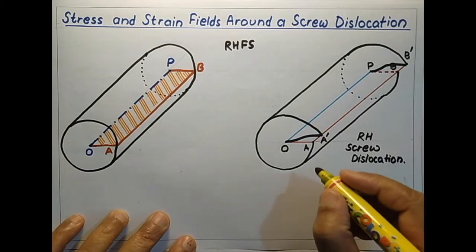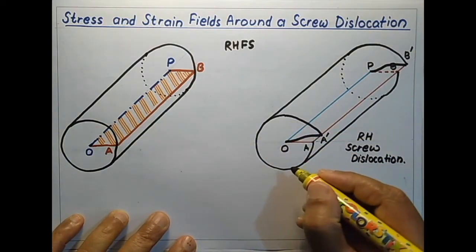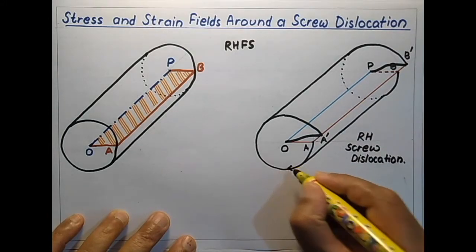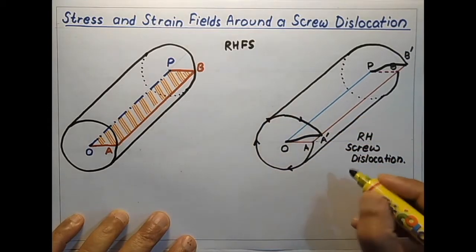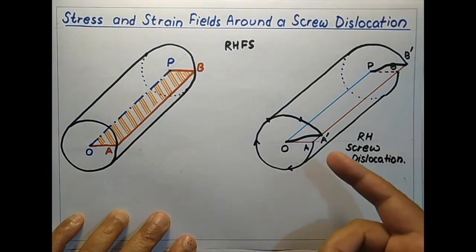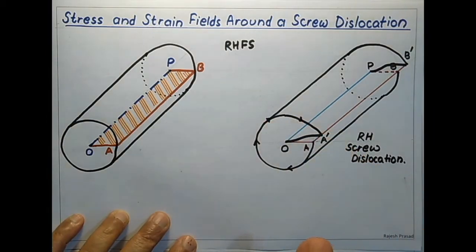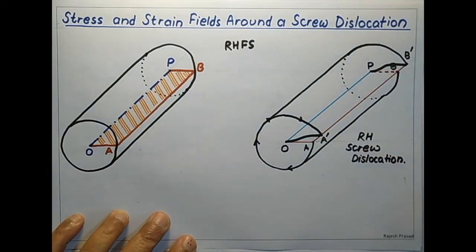You can see that if you curl your fingers in a right-handed sense, you move from A to A prime, which means if you curl your right-hand fingers in a clockwise fashion, the thumb points from A to A prime. This is the meaning of a right-handed screw dislocation.